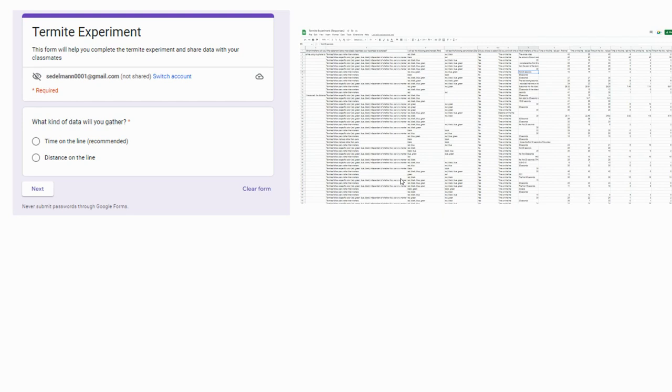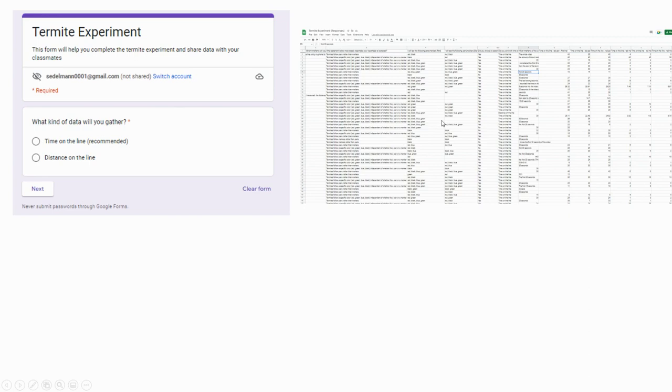Now, the experiment itself, I told you I was going to tell you a little bit about the data. You're putting the data into a Google form, and I did this so that in case some of my students struggle with the experiment, I could then use data that I already had gathered from previous classes that helped me drive home the point.